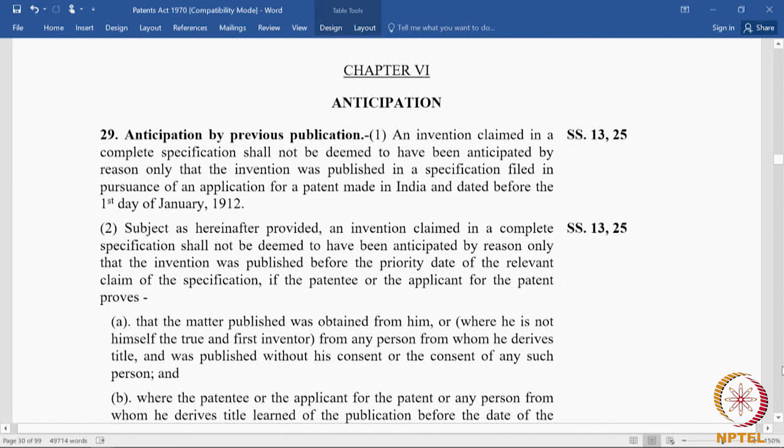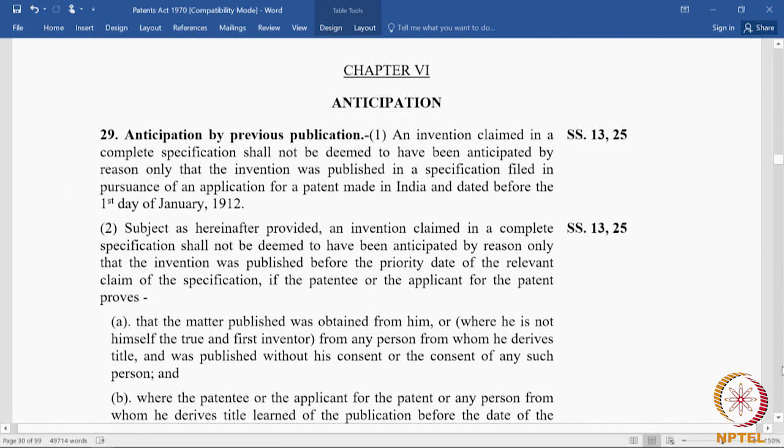So, if there were any disclosures made in an application made in India and dated before 1912, then that would not amount to anticipation, because we are excluding documents before 1912 for the simple fact that the patent office was not functioning at that point. So, this is a redundant provision because today there is no protection offered. We need not even compare cases where documents were published or look into documents that were published before 1912. 29(2).